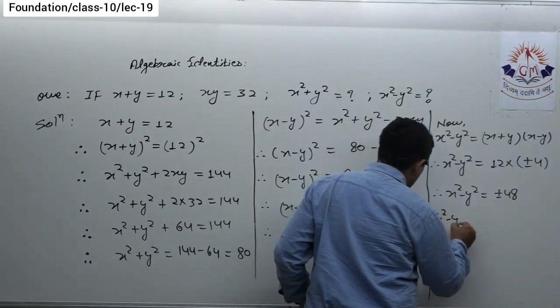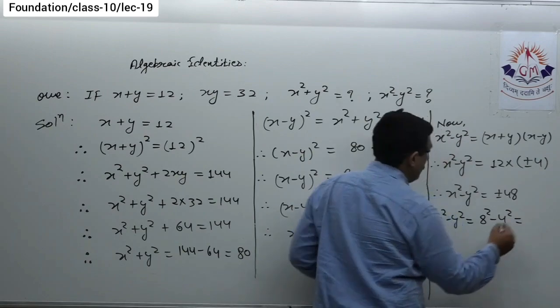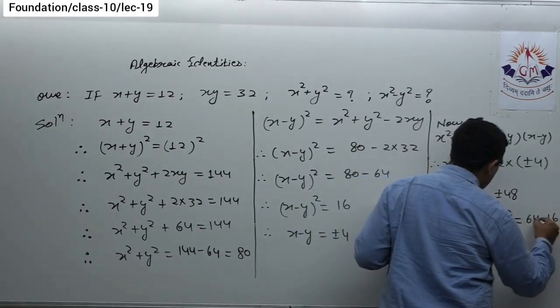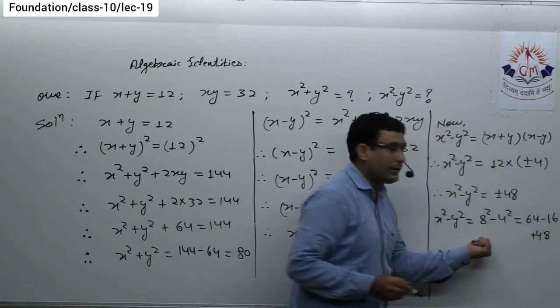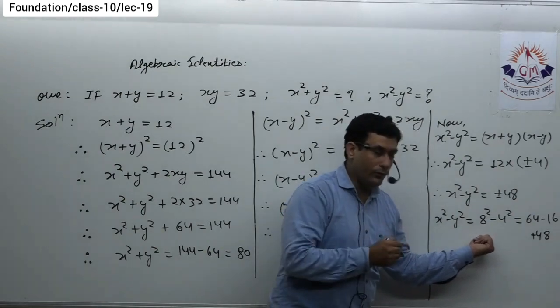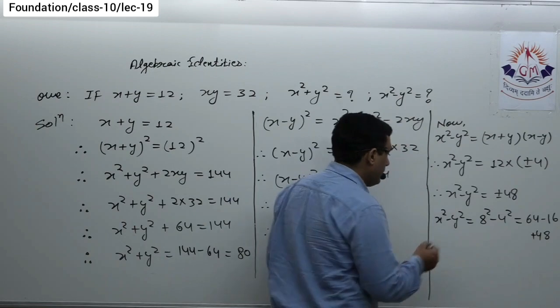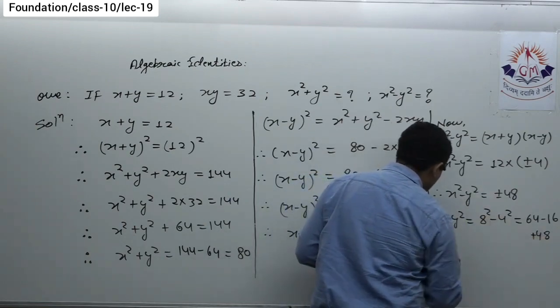So x square minus y square, that is 8 square minus 4 square, that is 64 minus 16, okay, plus 48, because I took x equal to 8. As I told you, we do not have any idea whether x is greater than y or vice versa. That means when I took x equal to 8, I got plus 48.